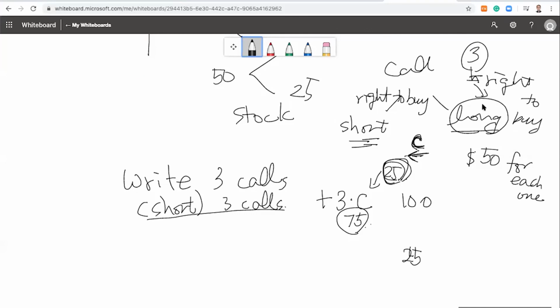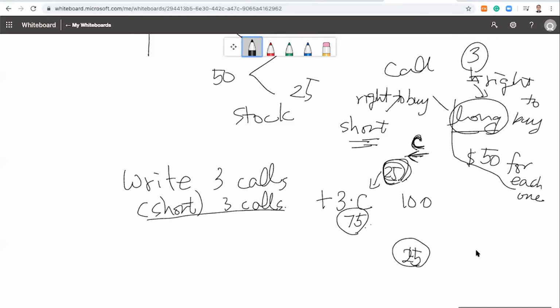It's easy to think about the long position side. Once you understand how much the long position side will get, that amount of money is what you have to pay to him or her. So what we have done first is, what if the stock price is 25?